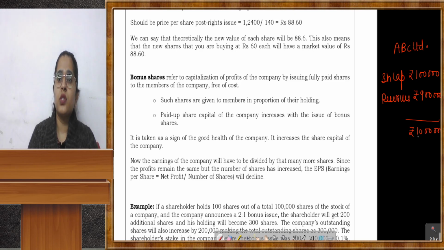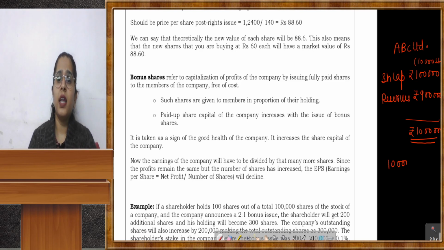Okay, so now see, this is their balance sheet. Now the company can think, okay, fine. So here are 10,000 shares of rupees 10 each. So the company might think we have enough profit in our reserves, and what we can do is transfer some amount from here to share capital in the form of bonus. So what will the company say?